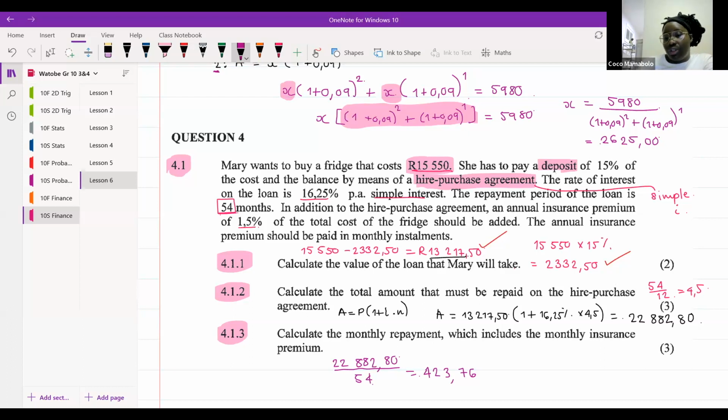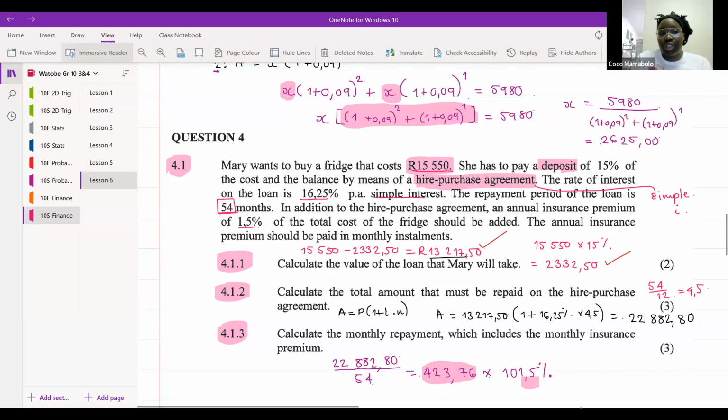Instead of multiplying this by 1, we're going to multiply it by 101.5%, because the 100% will be the actual 423 Rand and 76 cents, and the last bit left over, that 1.5%, is the insurance.